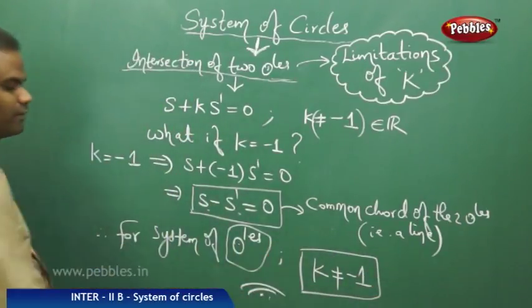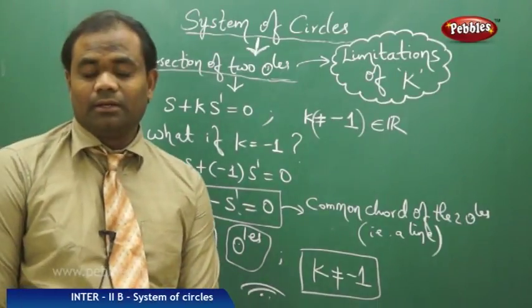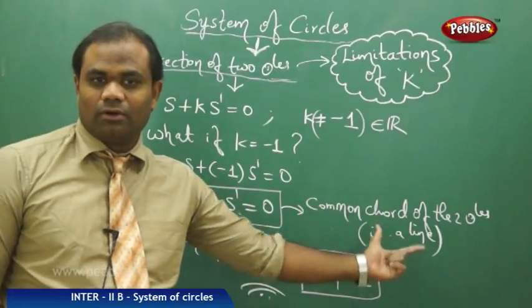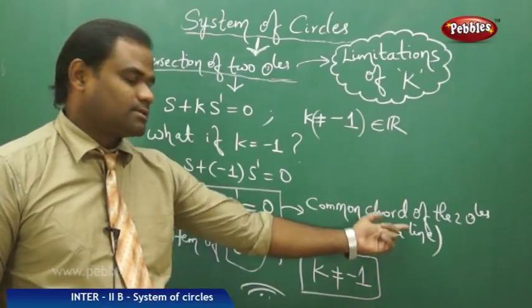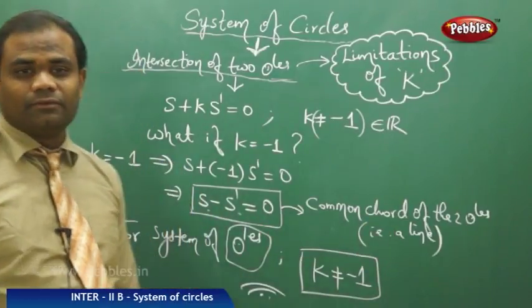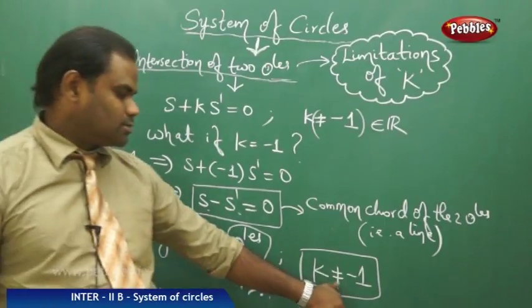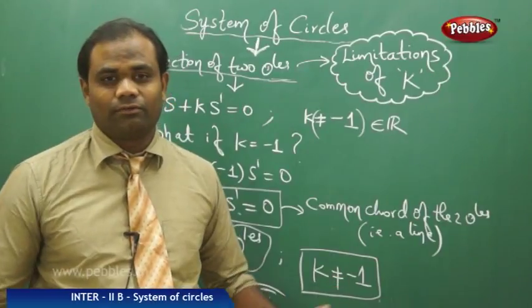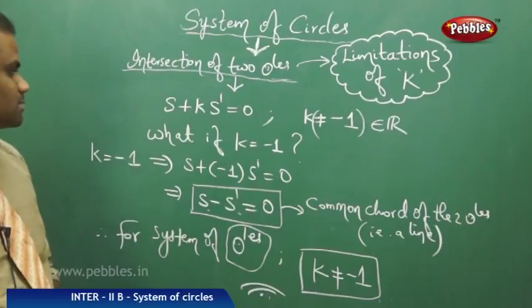K equal to minus 1 implies the system reduces to the common chord or the common tangent of the two circles, and hence it reduces to a straight line, which is a contradiction. Therefore, for a system of circles, k is not equal to minus 1. The limitation on k is that k is any real number except minus 1.